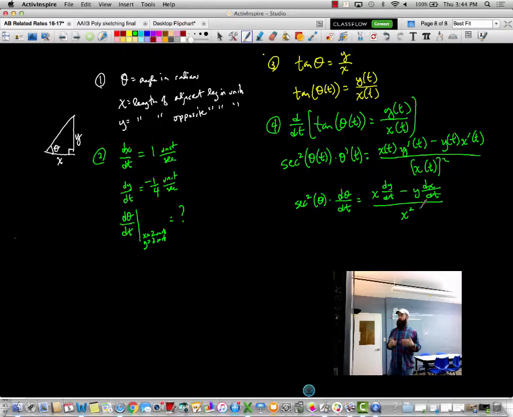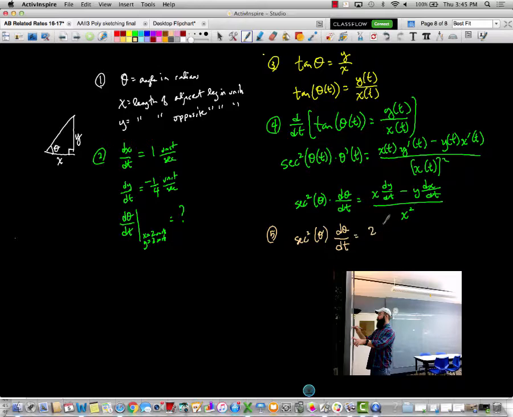Now we're at step 5, where we're ready to plug in everything we know. So I know dx/dt, dy/dt, x, and y at the instant that I'm working with. I don't know theta, well, I will know it, but we'll talk about that in a second. dθ/dt is what I'm looking for.